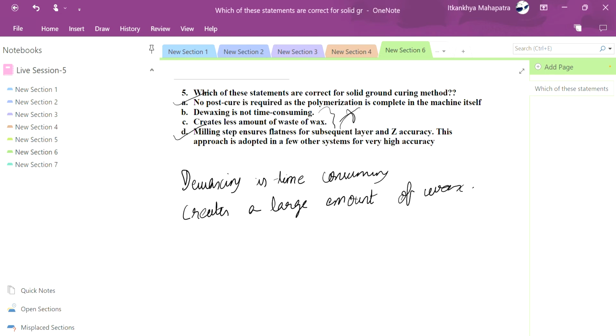So these are the disadvantages of the solid ground curing method. That is, the dewaxing is very time consuming.